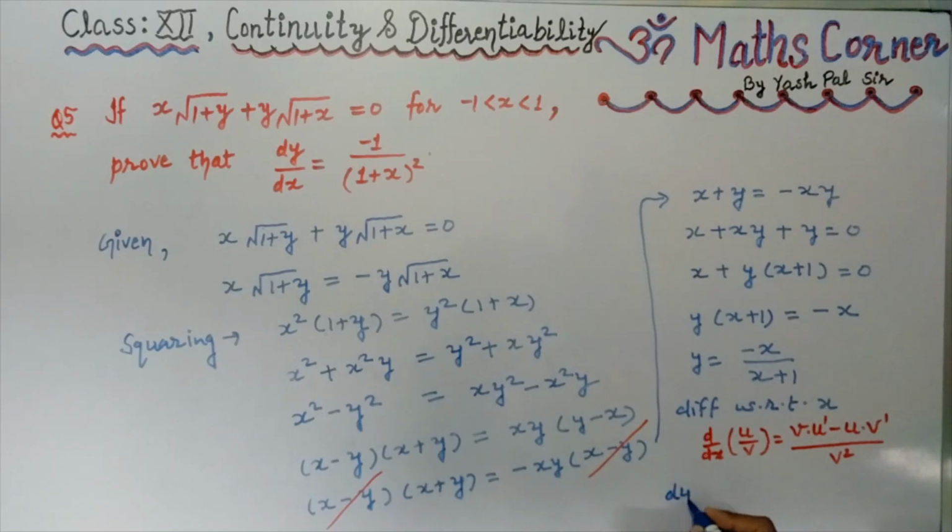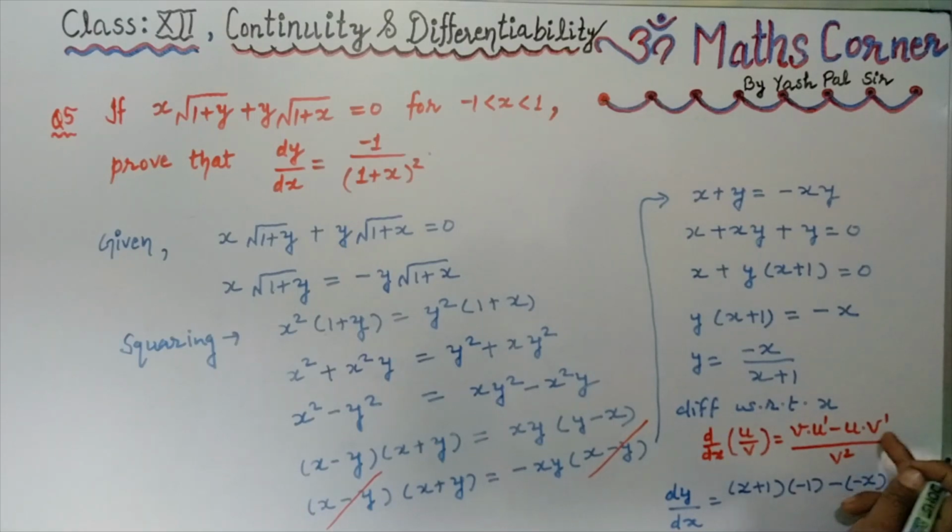So we write dy upon dx is equal to, first of all, the denominator v, that is x plus 1. Next, u dash, the derivative of minus x is minus 1, minus u, that is minus x, into the derivative of the denominator, x plus 1, whose derivative is 1, and the square of the denominator, that is x plus 1 whole square.